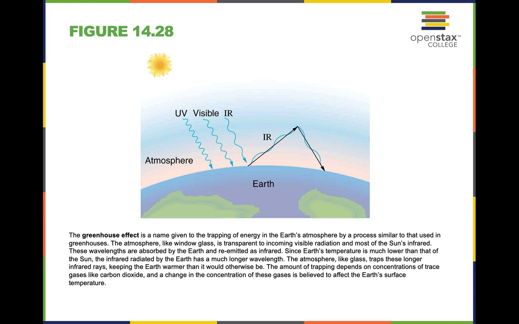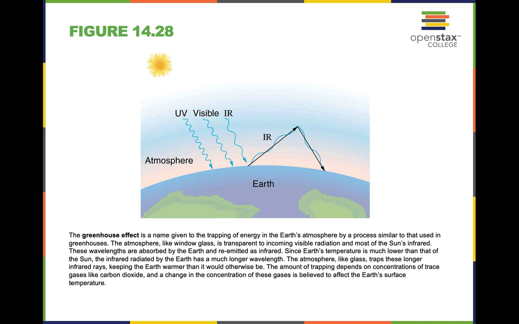So figure 14.28, the greenhouse effect is a name given to the trapping of energy in the Earth's atmosphere by a process similar to that used in greenhouses. The atmosphere, like window glass, is transparent to incoming visible radiation and most of the sun's infrared. These wavelengths are absorbed by the Earth and re-emitted as infrared.